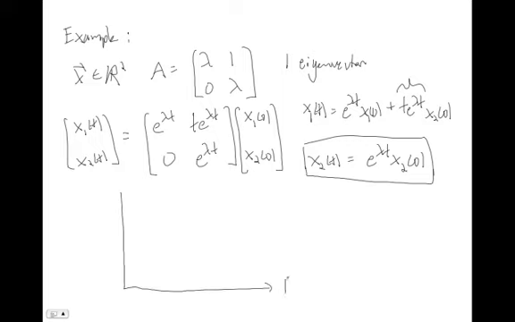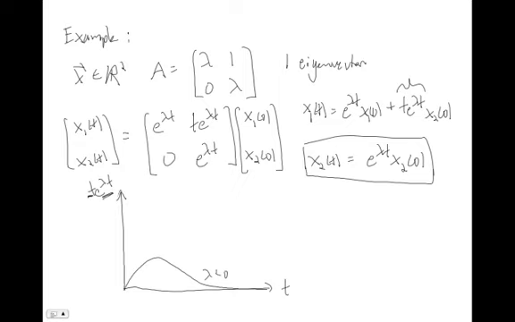And so what does that function look like? Let's plot that. Here's time. Let's plot t e to the lambda t. Now if lambda is less than 0, you get something that looks like this. So this is lambda less than 0. At the beginning of time, it actually starts to grow.